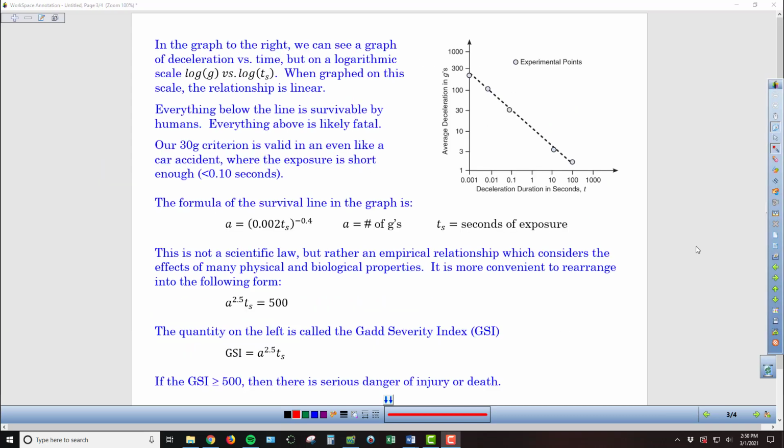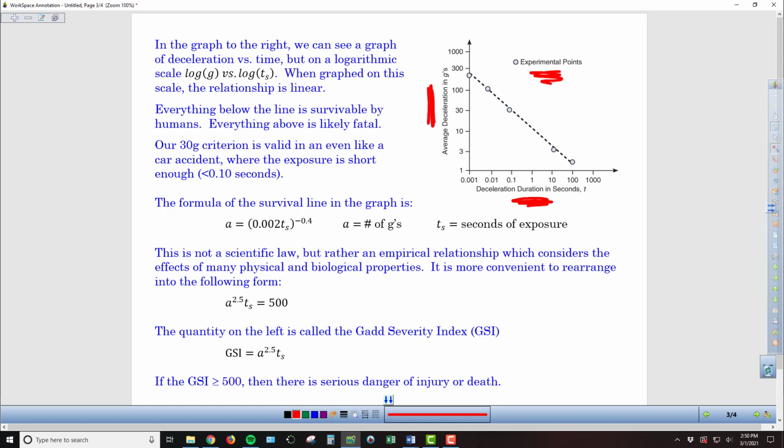What we see in the graph here are some experimental data points, meaning observed episodes of individuals who experienced a certain number of Gs for a certain period of time. So that's what the dots on the graph are. Now this is graphed on a logarithmic scale. If we look at the x-axis, we've got the duration of the exposure in seconds, but clearly that's not in a linear pattern. On the y-axis, same thing.